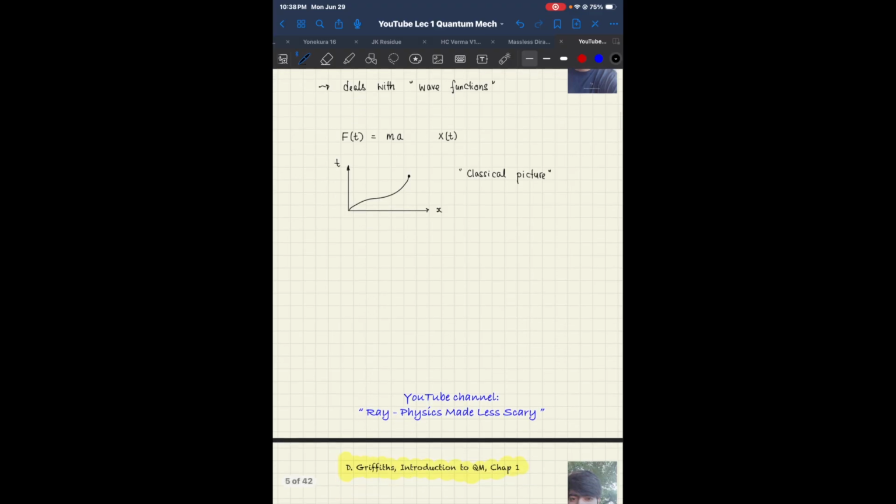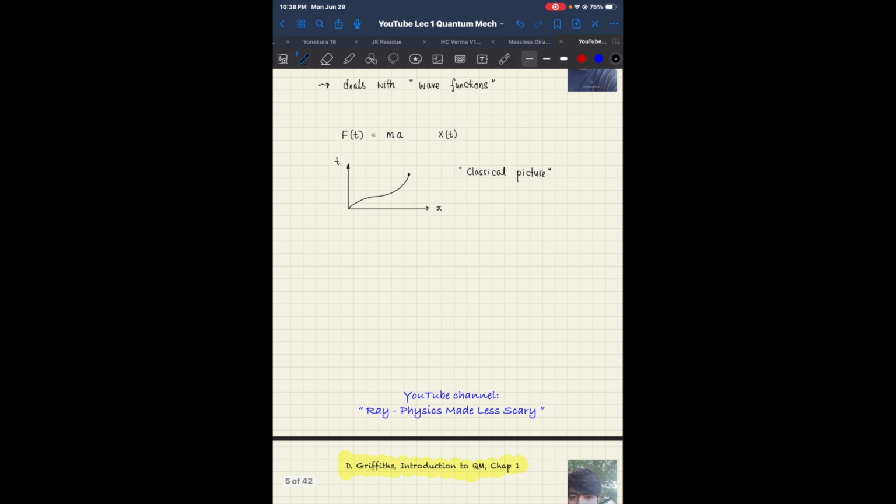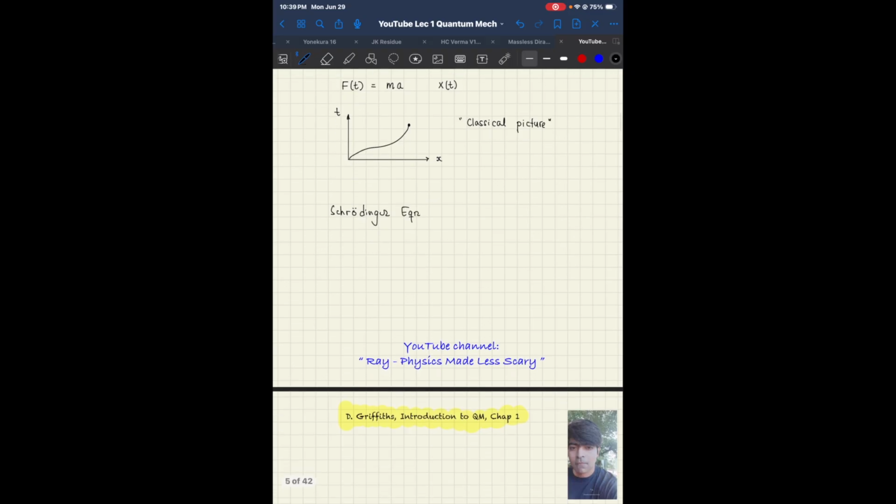Quantum mechanics asks a different question. Quantum mechanics gives you an equation which is analogous to this equation. It's called the Schrodinger equation. What is this equation?